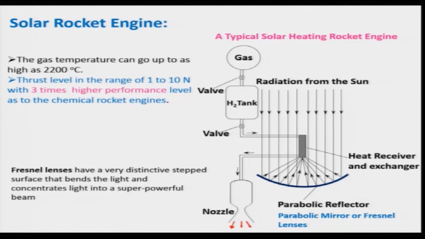So, the gas temperature in this solar heating rocket engine can go as high as 2200 degrees Celsius.